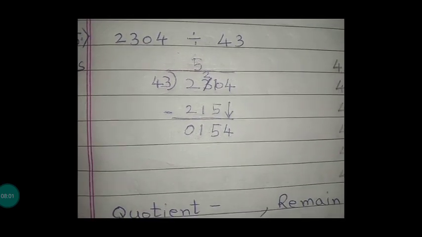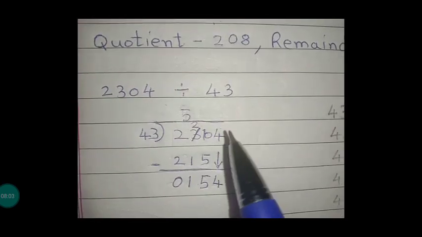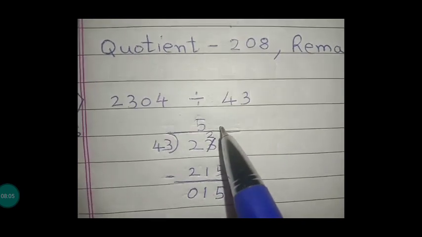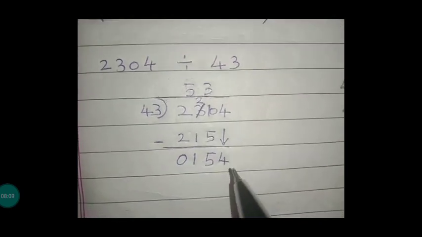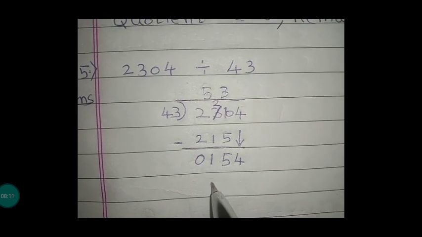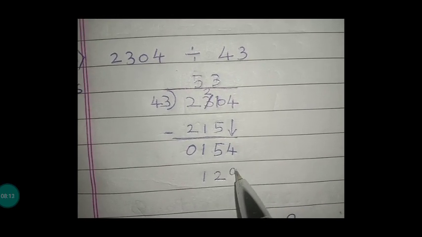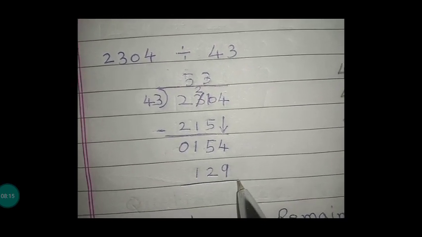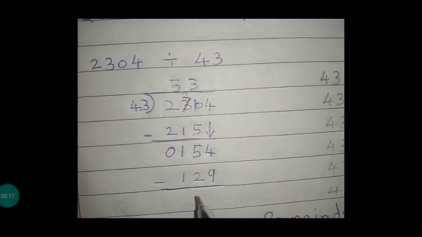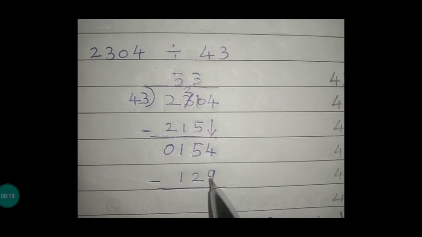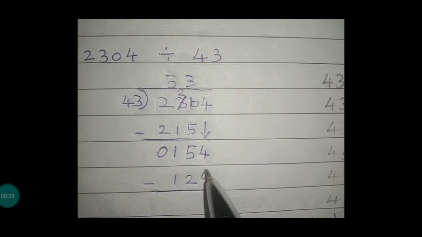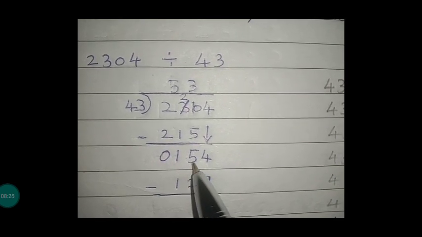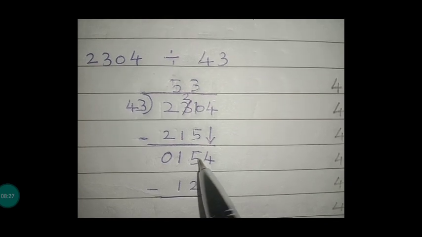So you will write 43 3s, 129. Now you will subtract these numbers. 4 minus 9 we cannot subtract, so we will borrow a number from 5. 5 is greater than 2.